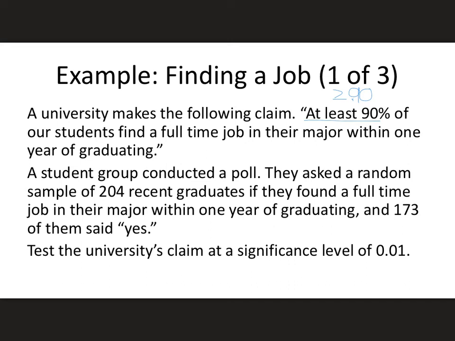They asked a random sample of 204 recent graduates if they found a full-time job in their major within 1 year of graduating, and 173 of them said yes. We are going to test the university's claim at a significance level of 0.01. This is our alpha, and then we can find our p-hat by doing 173 over the 204, which is n.